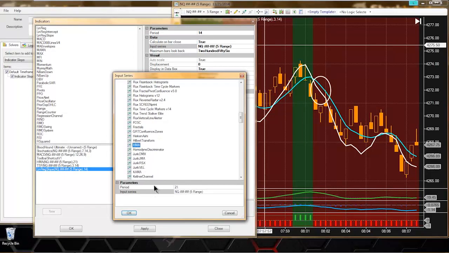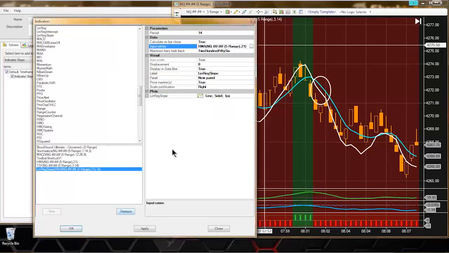All right, there's our HMA, and there's no plot to select. Here's a key thing: we need the period to be 2. To determine a slope, you need at least 2 points of reference to calculate it. So the period will have to be a minimum of 2.